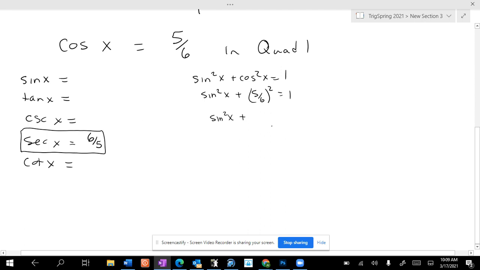What's 5/6 squared? 25/36. I'm going to change 1 into 36/36, so that's easier to subtract. What's 36/36 minus 25/36? 36 minus 25 is 11/36. To get it alone, take the square root.